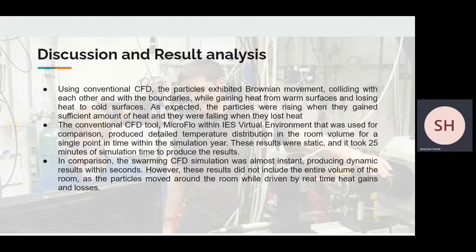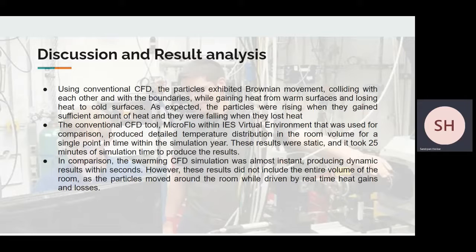Now, the paper which we implemented does not claim proof that the model fully represents the air movement, but they claim that these results show that reality could be far more complex than represented by the conventional CFD tool.